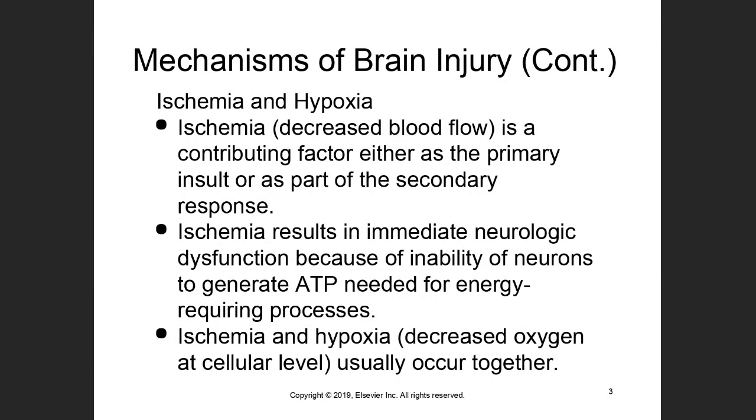Ischemia and hypoxemia, a decrease of oxygen at the cellular level, usually occur together. Remember that ischemia is the lack of blood supply, and hypoxemia is the lack of oxygen.